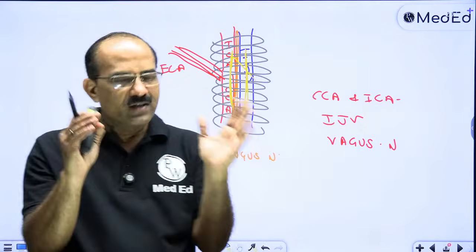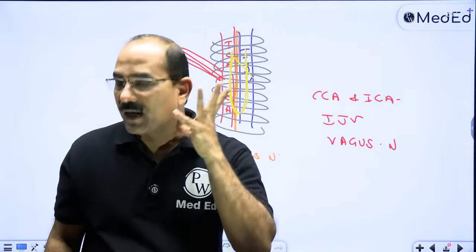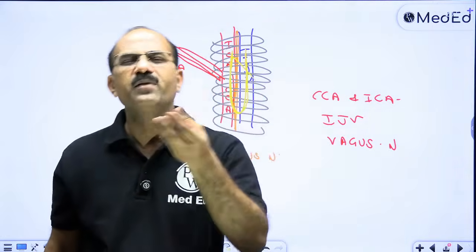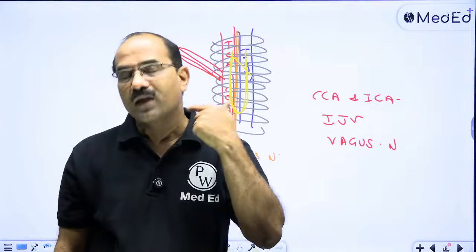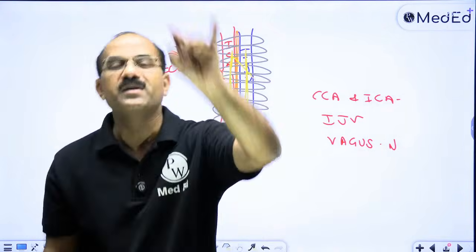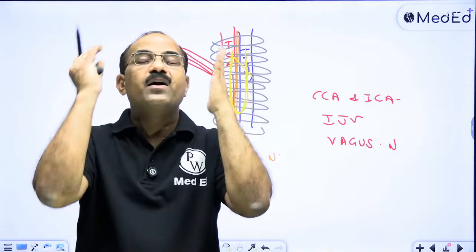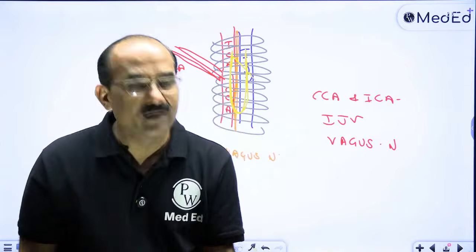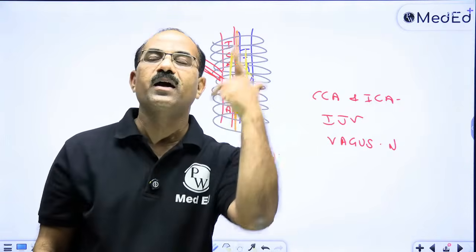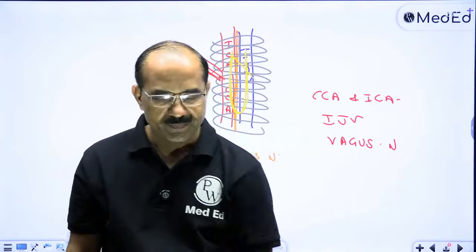तो बच्चों आज हमने क्या पढ़ा है? We have studied the anterior triangle of the neck. The subdivisions of anterior triangle, muscular triangle के boundaries, carotid triangle, digastric triangle and submental triangle के boundaries हमने पढ़ा. Then we studied the contents of muscular triangle, the muscles: sternohyoid, sternothyroid, thyrohyoid and omohyoid.